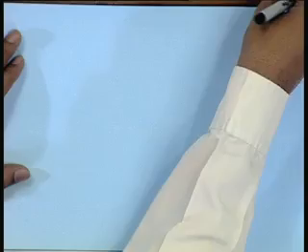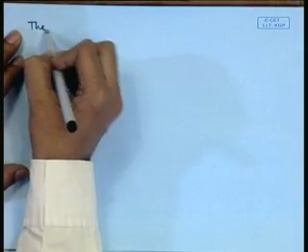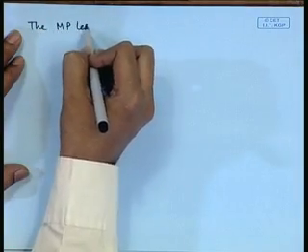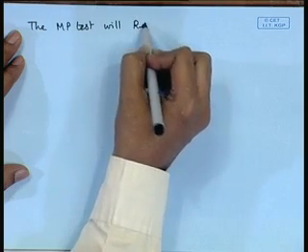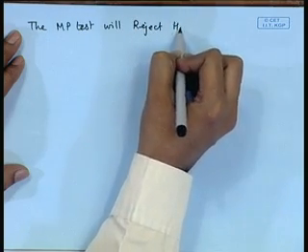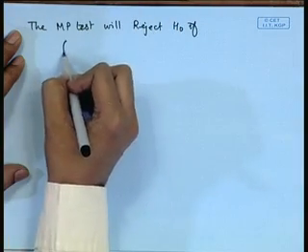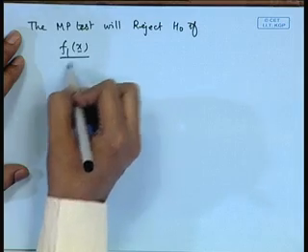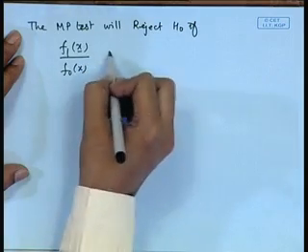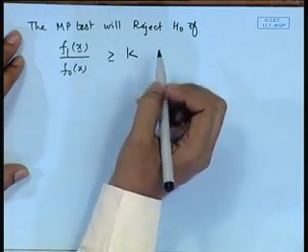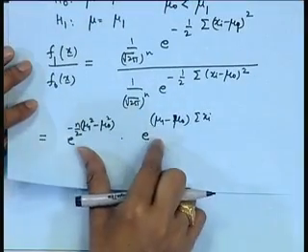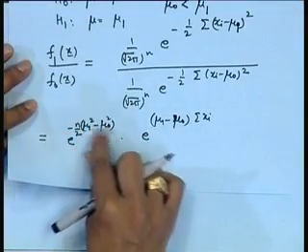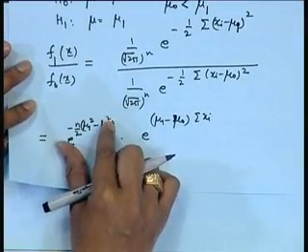So, now if you look at the most powerful test, this is reject H naught if f1 x by f naught x is greater than or equal to k. So, if we utilize this here, given mu 1 and mu naught whatever be the values, this is some constant here.